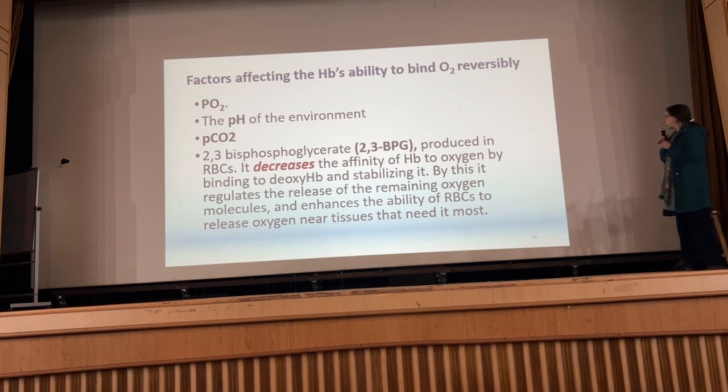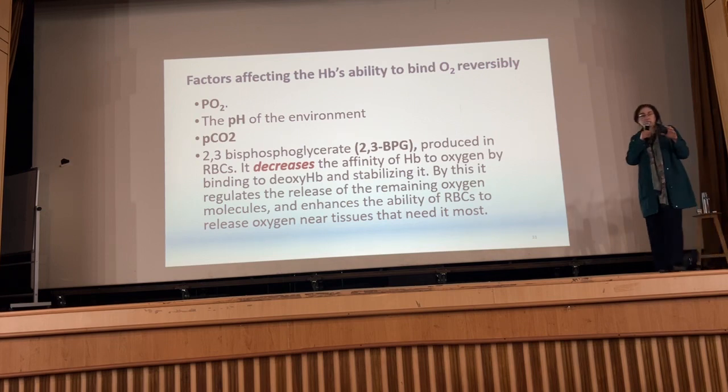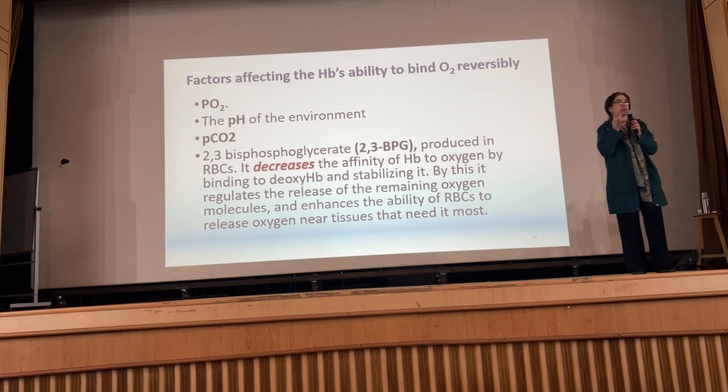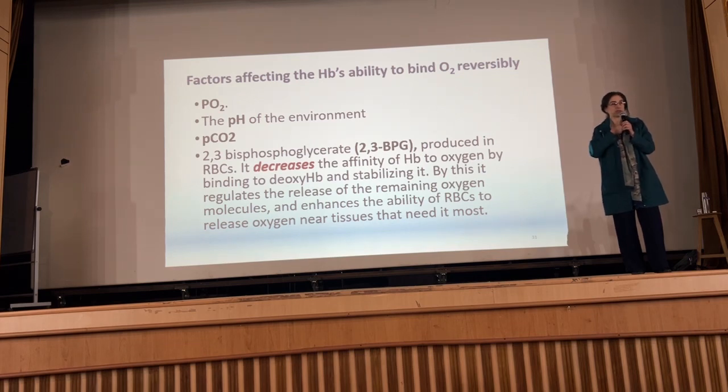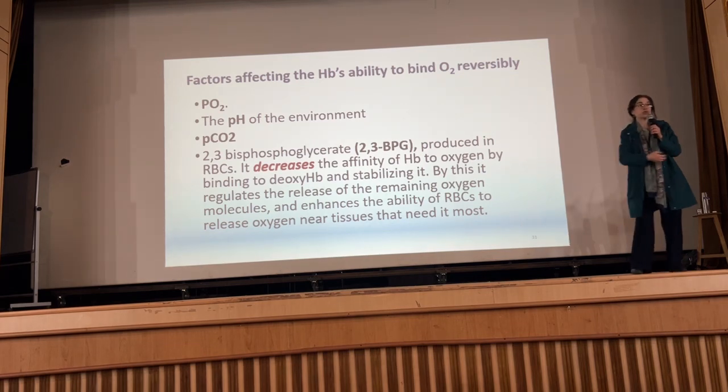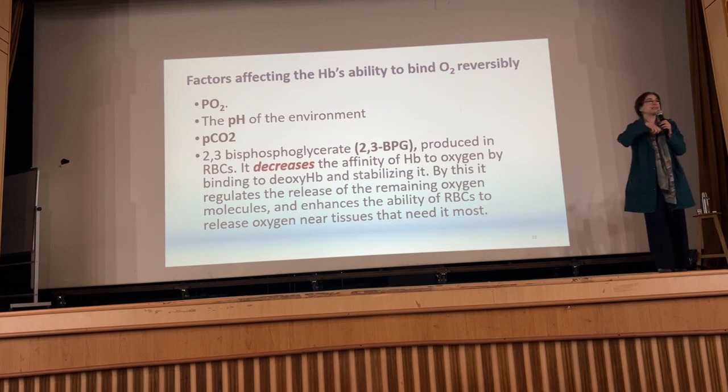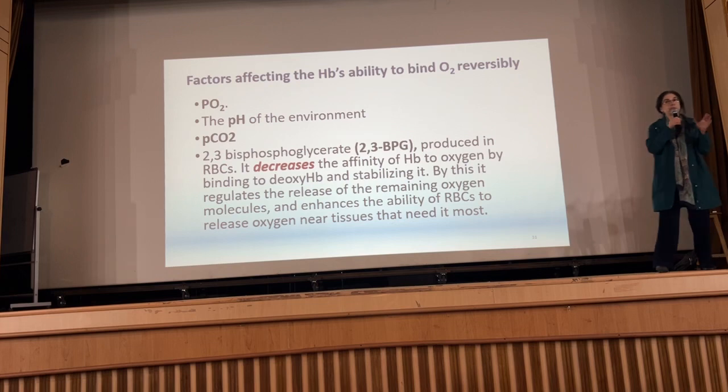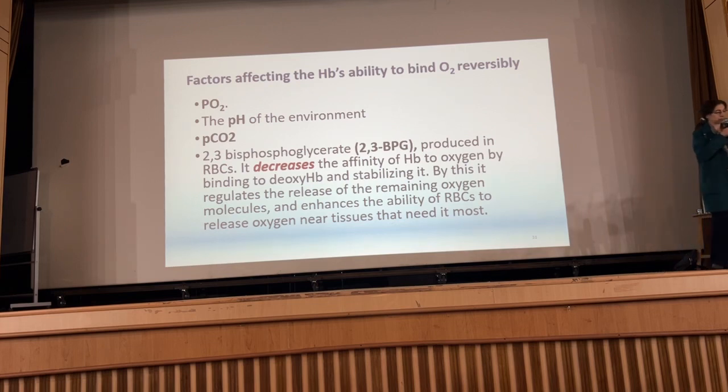In other words, hemoglobin must bind oxygen at the lungs, must be saturated with oxygen at the lungs. When it goes to tissues, it must release the oxygen. This is the whole idea. So hemoglobin must be able to bind it, be saturated, and also release it at tissues, because it delivers oxygen to the tissues where it's needed.